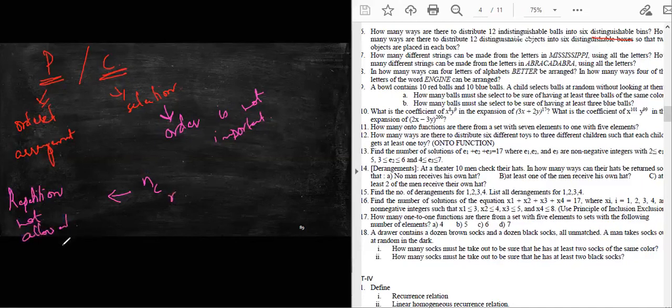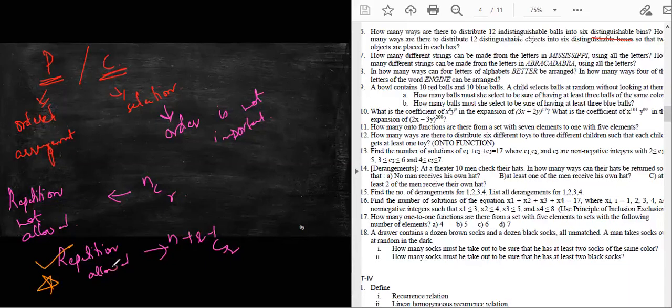While if repetition is allowed, it is given as n plus r minus 1 C r. Now there is nothing mentioned about repetition over here, so we always consider which scenario? We consider this one, the repetition allowed scenario.